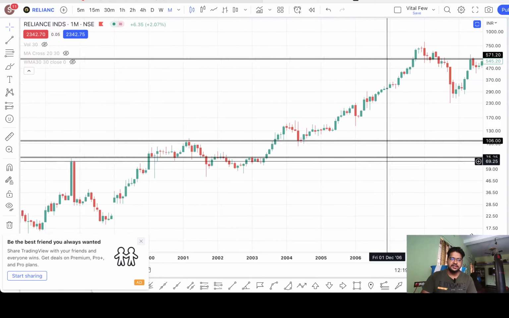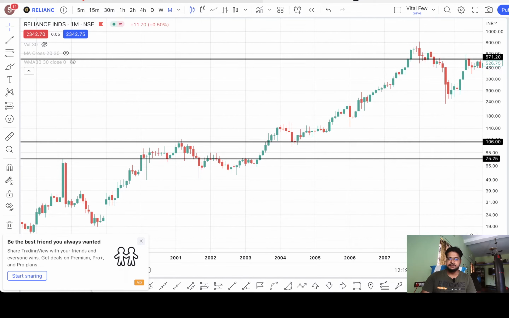First of all, let me remind you that this is the monthly time frame. We can see the price going up here and now coming down. So this is obviously a potential level of resistance, and we can easily draw one line. Later on we'll verify if it is at the perfect place or it needs some modification. As soon as we draw it, we can clearly see some price reaction at that level only.